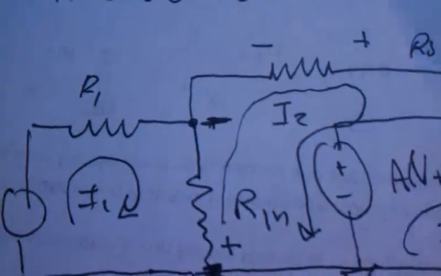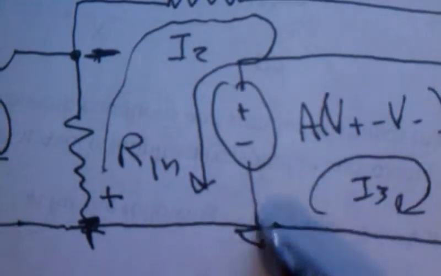Now, for this mesh, the KVL is minus I negative times Rn, plus I2 times R2 minus V out. Rather than use this equation here, it's just V out.